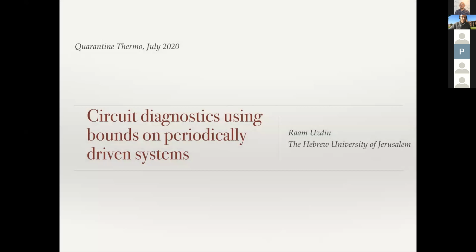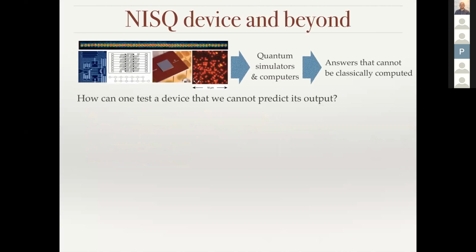So as we all know, with current technology, whether it's ion traps, cold atoms in optical lattices, or superconducting circuits, it's possible to build quantum simulators and computers, but they're a bit noisy. But in principle, they may provide answers that we cannot classically compute.